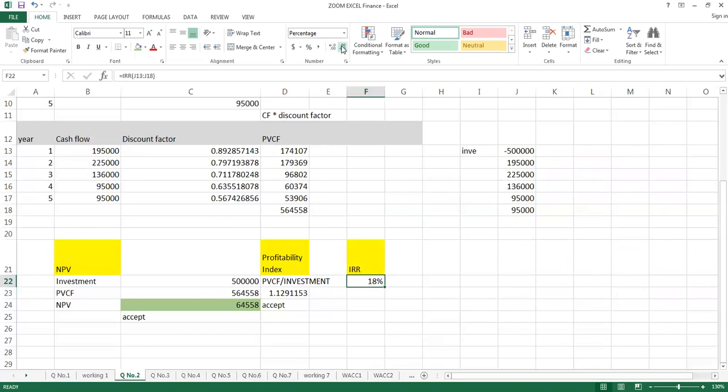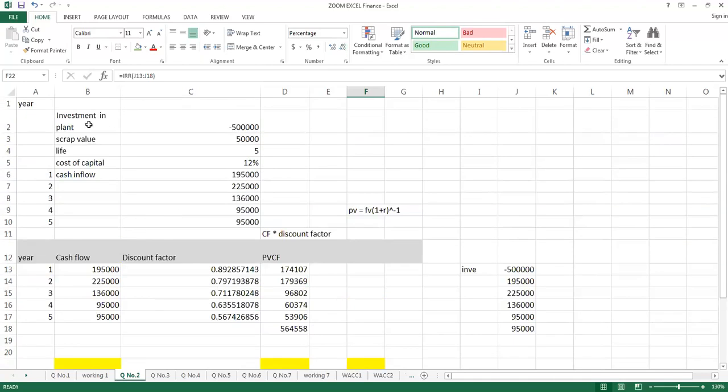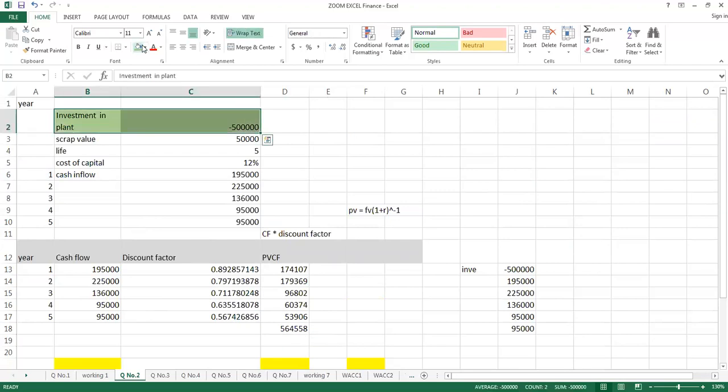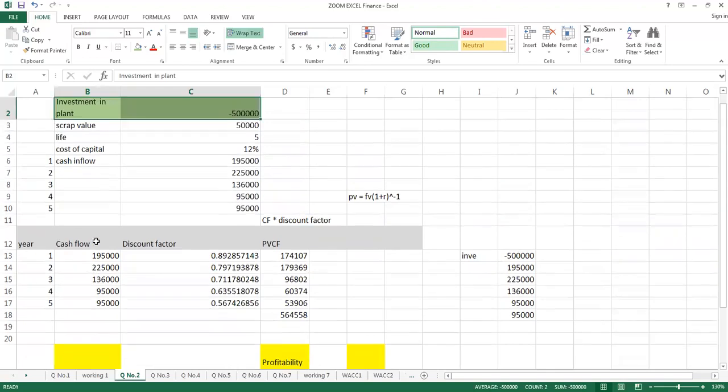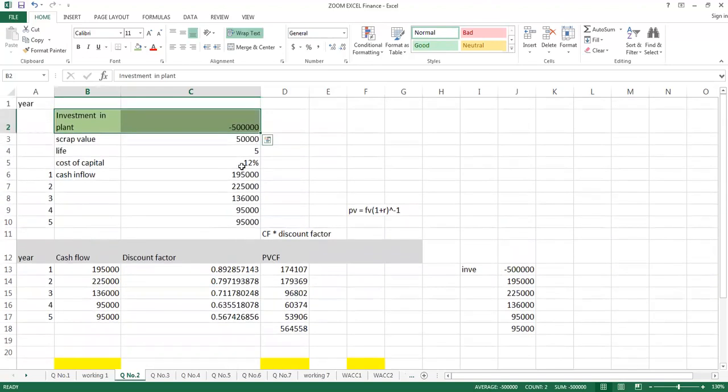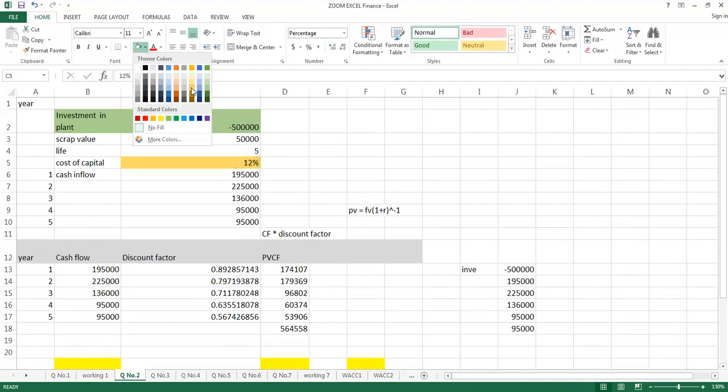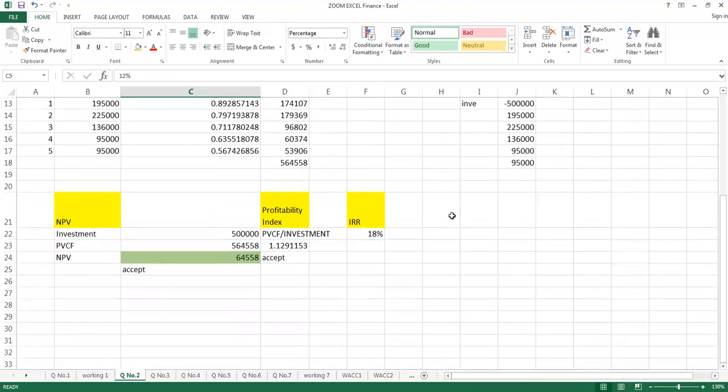I hope this gives you a much better idea of how to calculate NPV, profitability index, and IRR in one go, if investment is given, cash flows are given for various years, and cost of capital is given. Then these pieces of information can be converted into different methods, and you can take your decision.